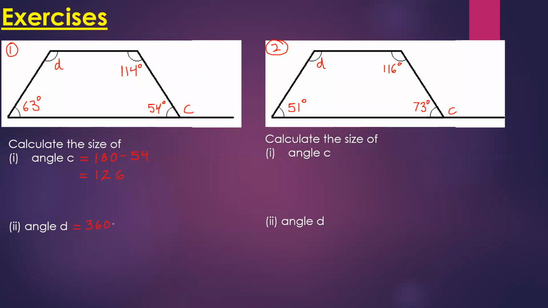So 360 minus, open bracket, 63 plus 114 plus 54, and then 114 plus 63 plus 54 is 231. So then you do 360 minus 231, and I got 129.